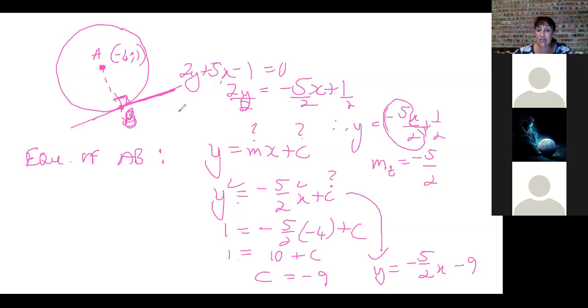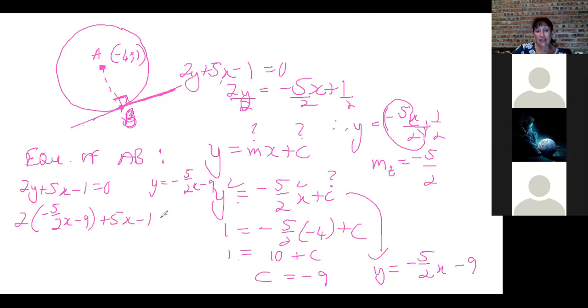So do simultaneous equations. This is the given one, and the one we found was this one. To solve simultaneously, we could take this and put it in the place of y and keep the rest, because now I only have an equation with x.